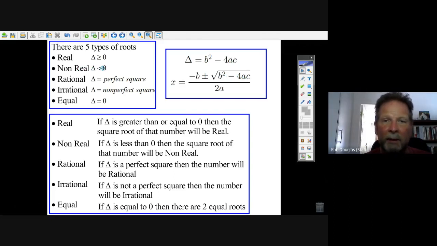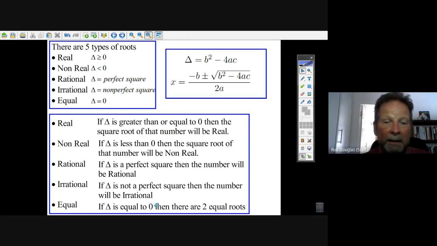If it's a perfect square, when you take the square root, you get a rational number, so your roots are rational. But if it's not a perfect square, if it gives you an irrational number, then you've got irrational roots. And if it equals 0, the roots are equal. You've actually got one root.